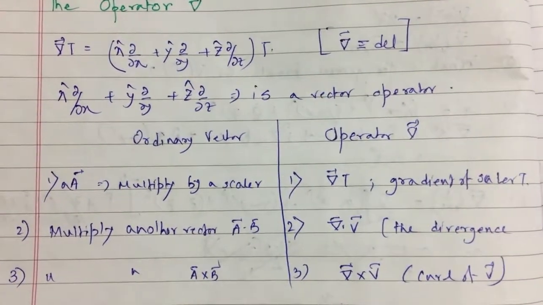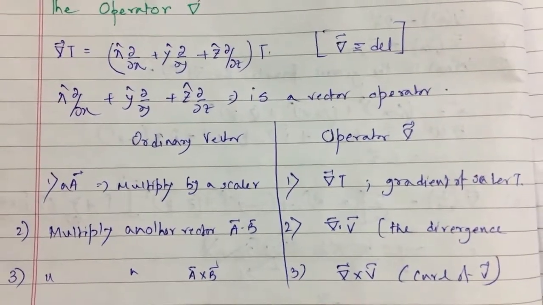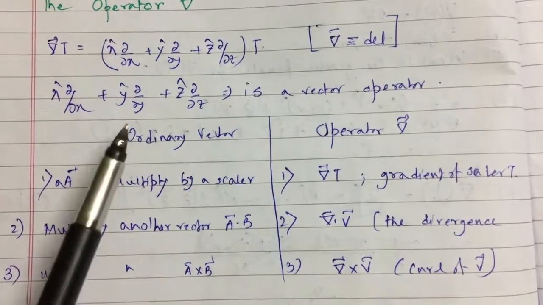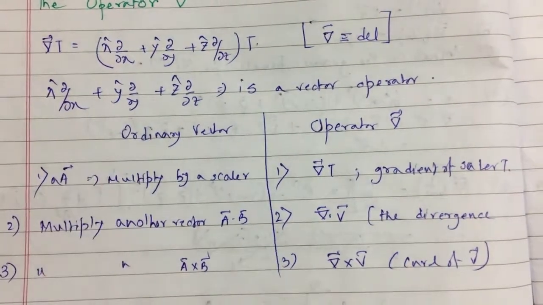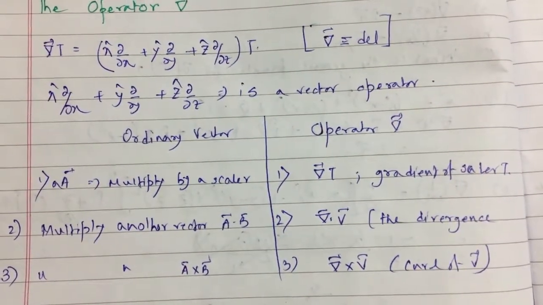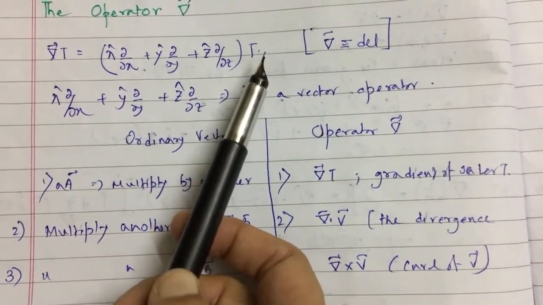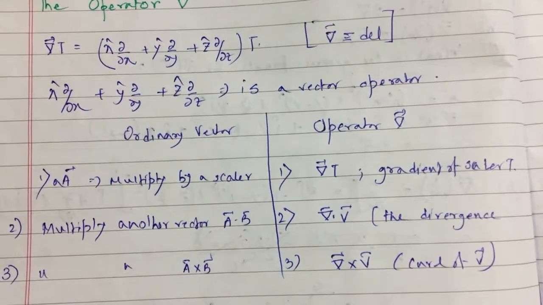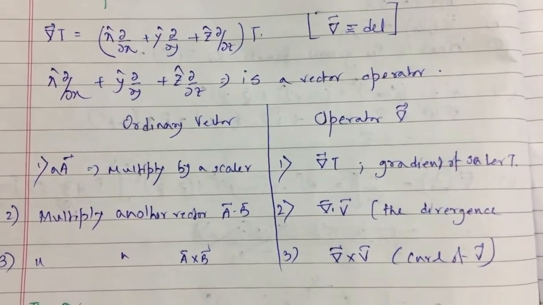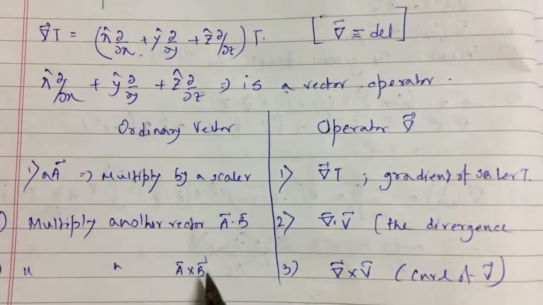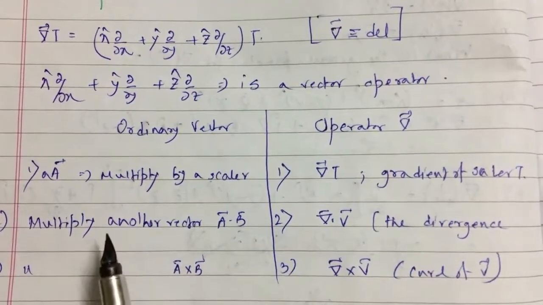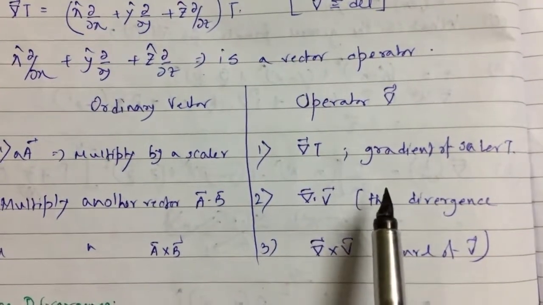And this is of course a vector operator, and this is acting on this scalar quantity, scalar function. It is not multiplying the scalar function, and here you can see the difference between an ordinary vector and the operator del.